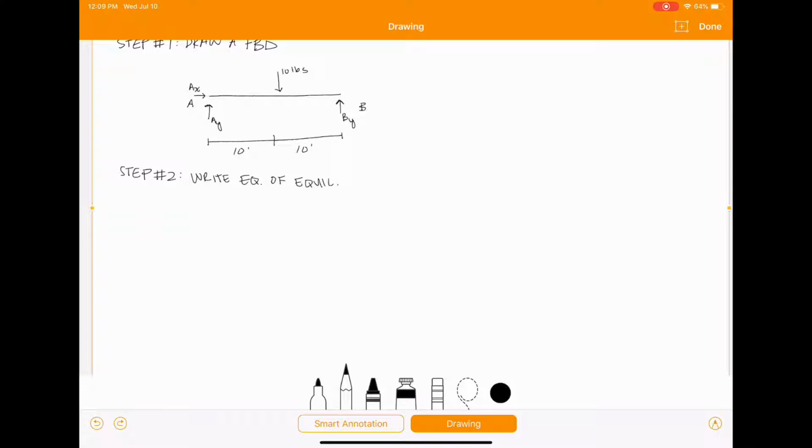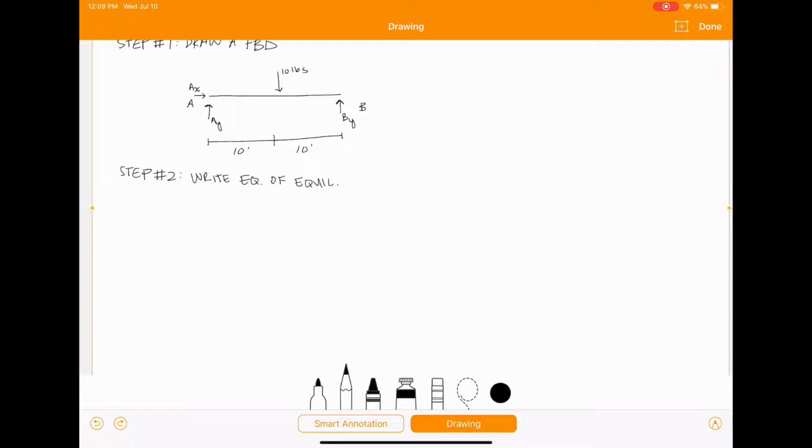I personally like to always start with sum of moments about point A. That's just what I always do. I like to stay consistent. You can start with any of the equations you want and you're going to get the same answer. Once we go through it though, I'll show you why it's a little bit easier if you start with the moments. But again, you can start wherever you want.